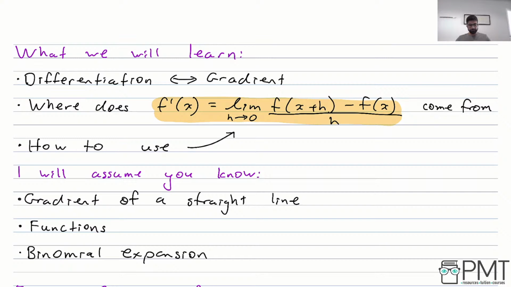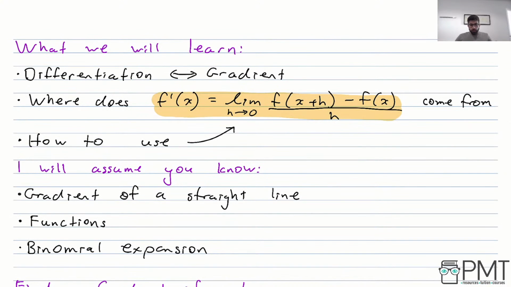If you're doing A-level maths, this will be given to you in your formula booklet. It says that the derivative of a function f of x is the limit of f of x plus h minus f of x over h. We'll see where this comes from, and how to use this in answering questions.